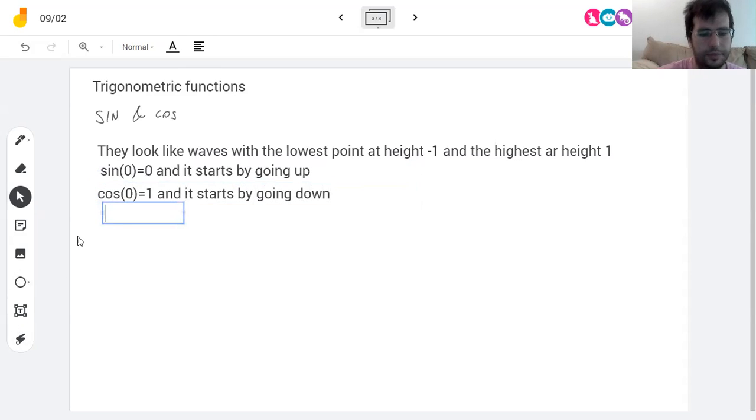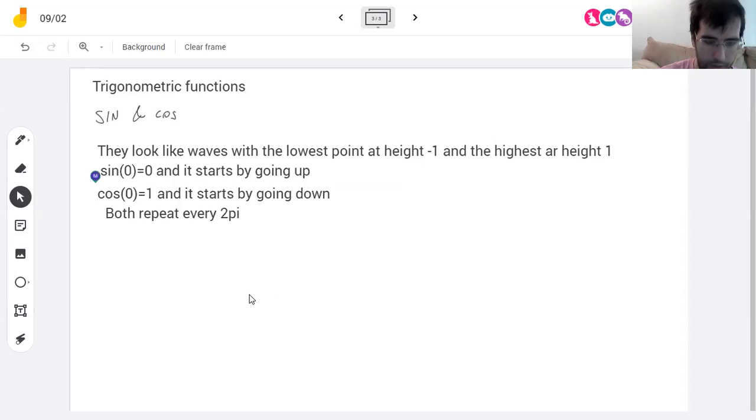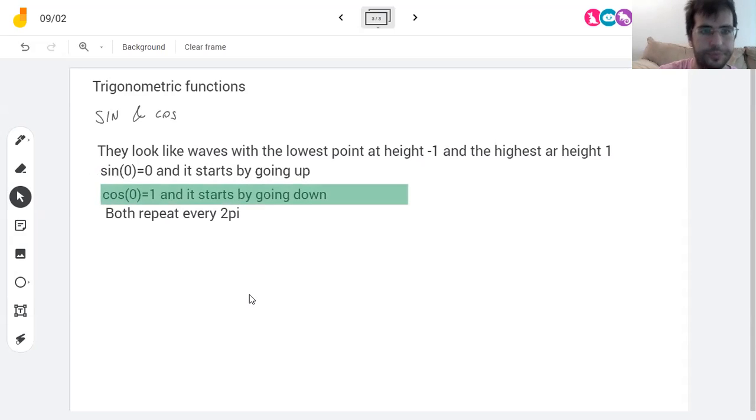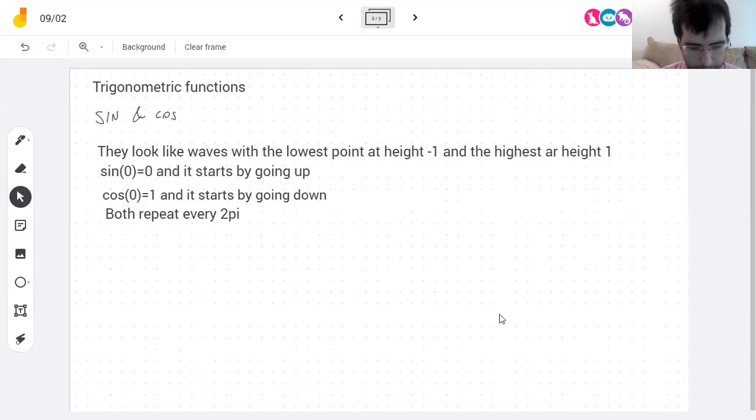And they repeat, both repeat every 2 pi. I feel like this is all you need to know to make a good drawing. Let's see if I can make a good drawing. So sine.